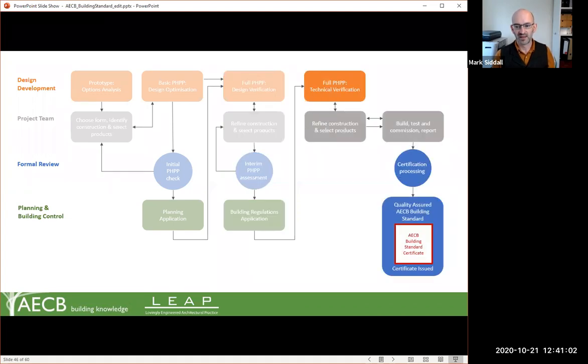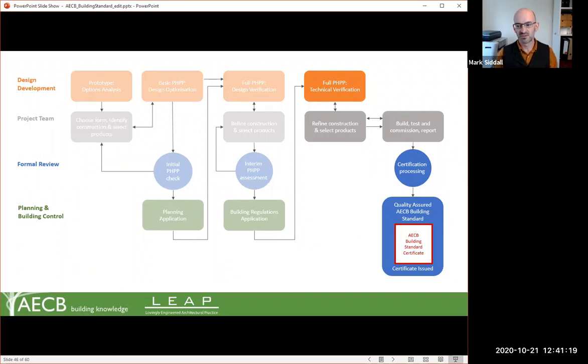And then we move on to that final phase, which is full technical verification. You're developing any further construction details, refining things, making sure you're considering any issues in terms of air tightness and thermal bridging that haven't already been considered, refining your PHPP model in that process.